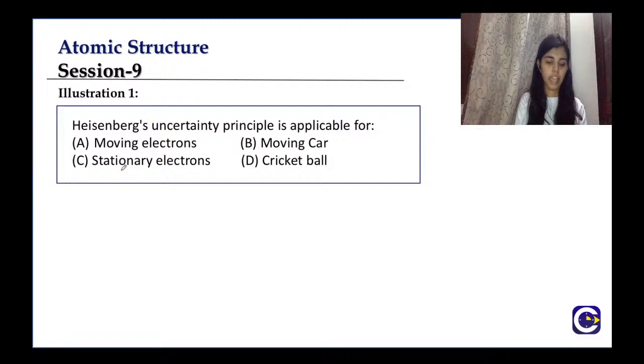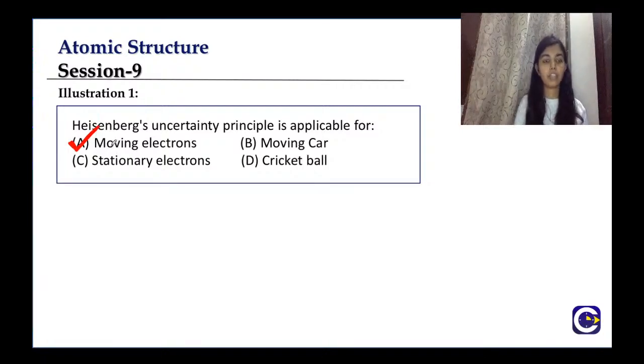Arun is saying A, that is moving electron. What about others? Anirudh is also saying A. Dipashri, A. Good. Everyone is correct with your answer. That Heisenberg uncertainty principle has only a significance for moving electrons, right? For microscopic particles which are basically moving.